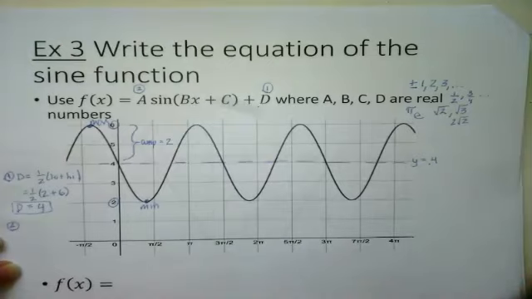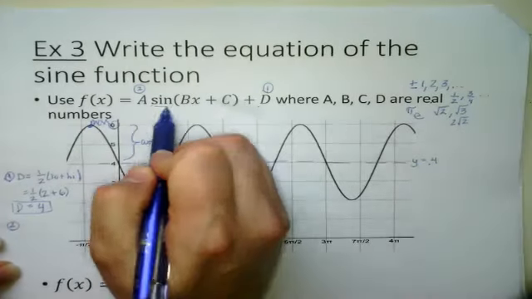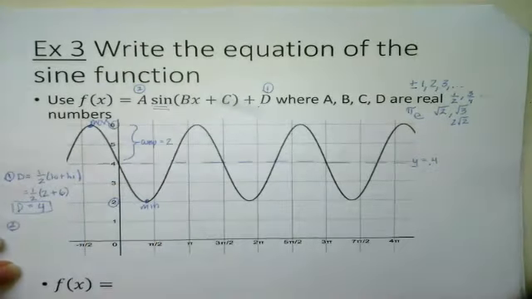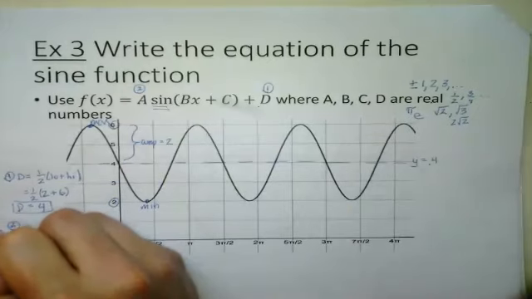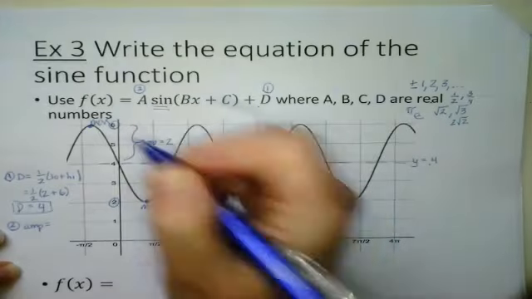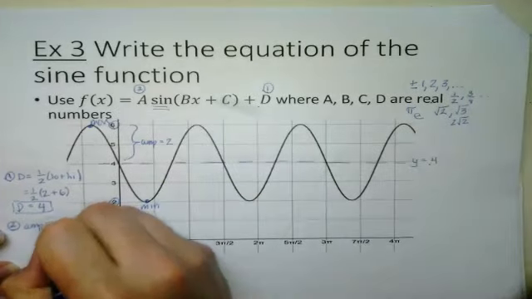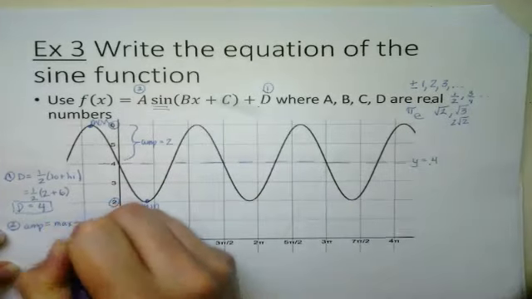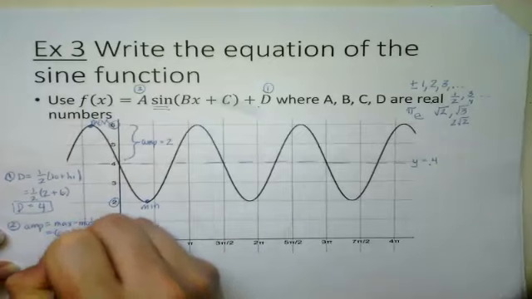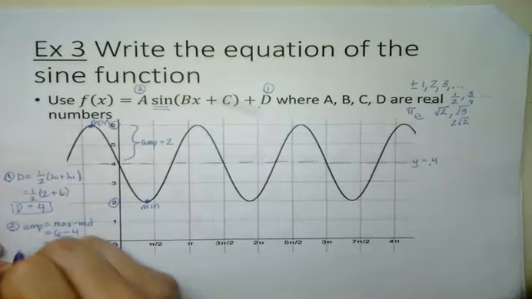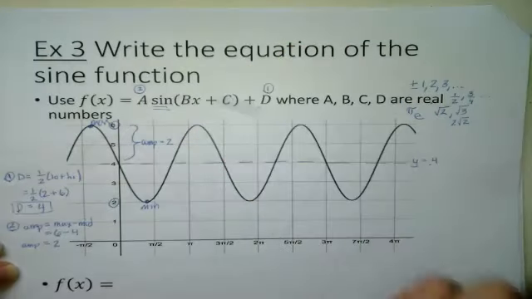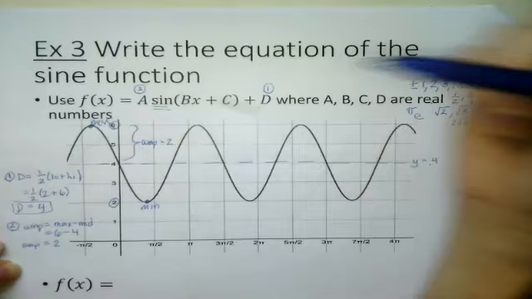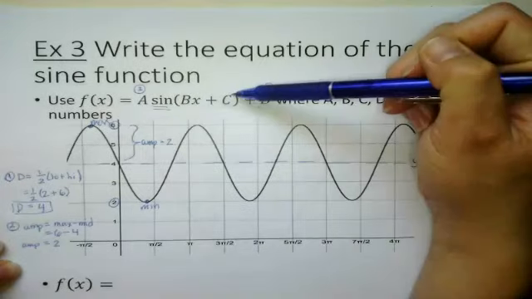I haven't decided if this curve is a positive sine curve or a negative sine curve. So we can decide that a little bit later. But if you want to calculate the amplitude, then it is the maximum minus the midline. So our max was 6, our midline was 4, and the difference for those is 2. So again, that's amplitude, not the same thing as our A value. So we do have to come back to that. Now, we have to figure out our value for C.